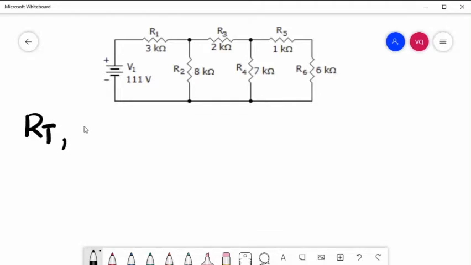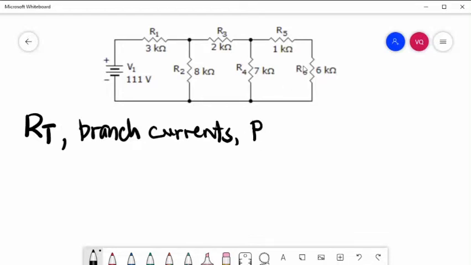RT, branch currents, what else? And power in resistor 6. So P6.